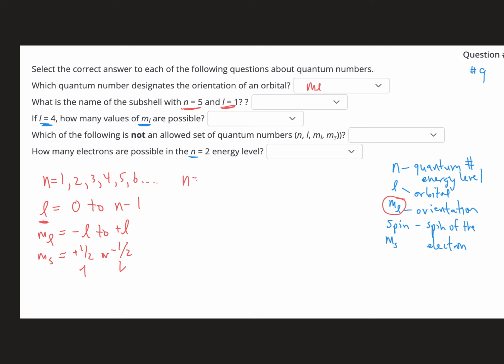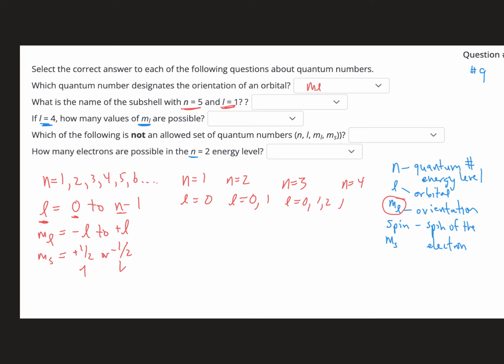So when n equals 1, L is 0, right? It can't be anything else. It's 0 to n minus 1. When n equals 2, L can equal 0 or 1. N equals 3, L can be 0, 1, or 2.